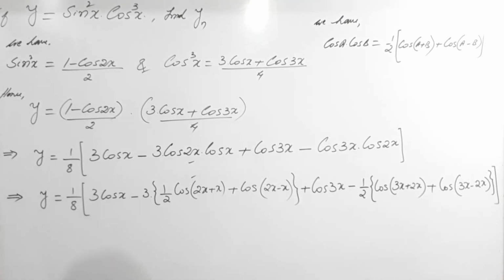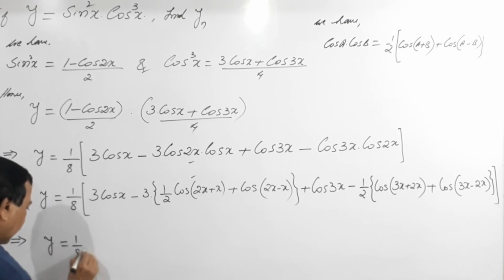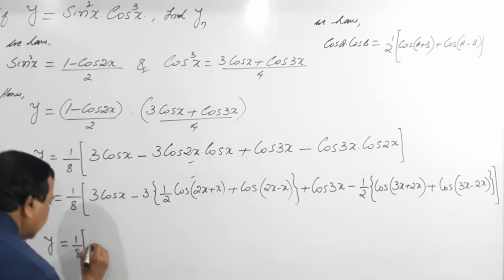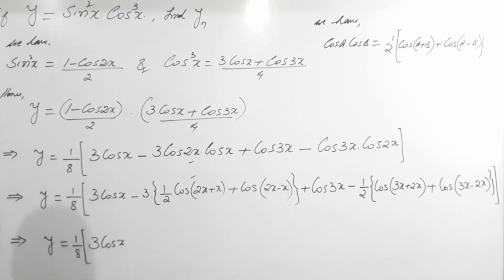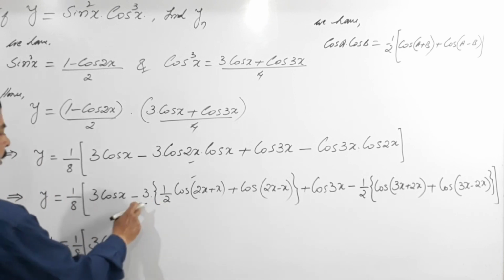Now let us simplify this. So y equals 1 by 8 and the bracket 3 cos x, and multiply this.